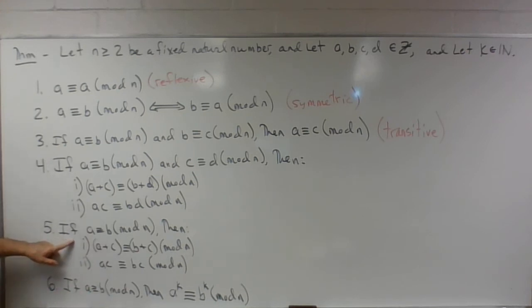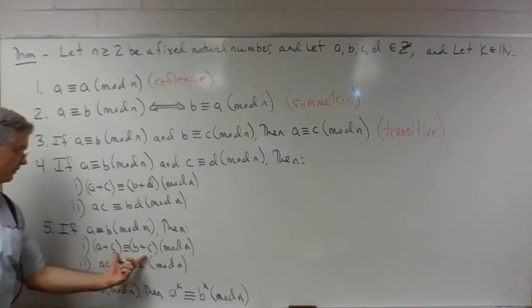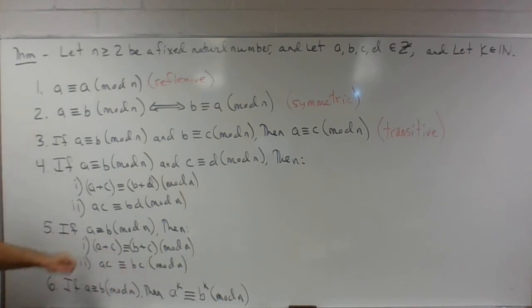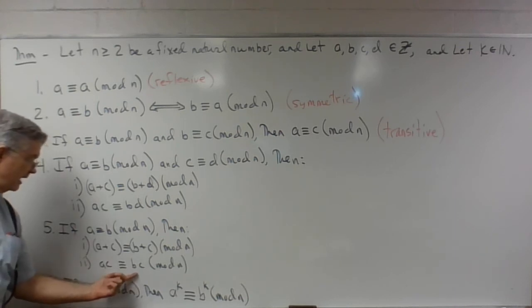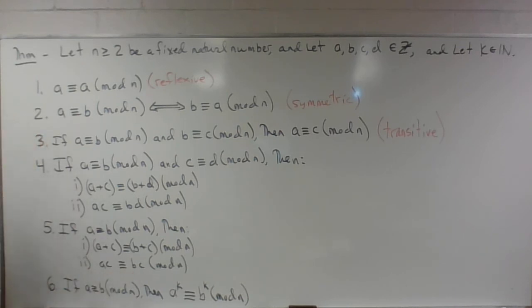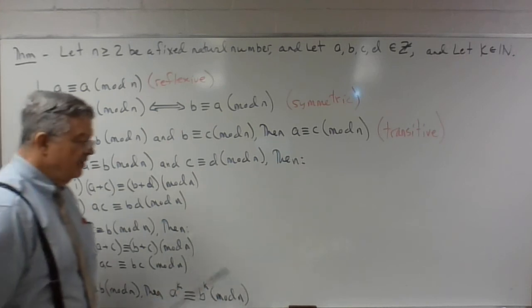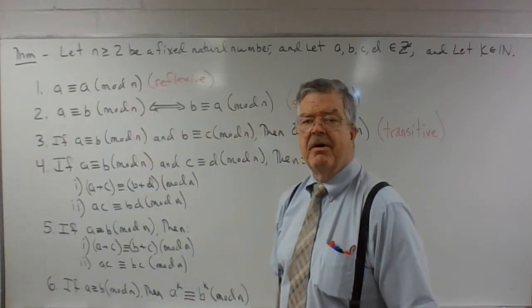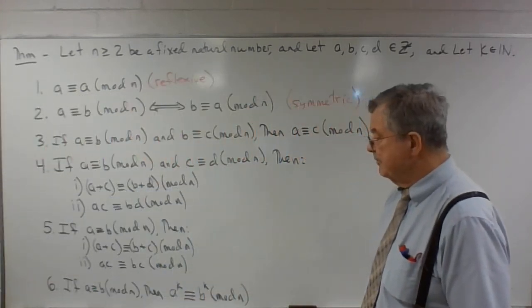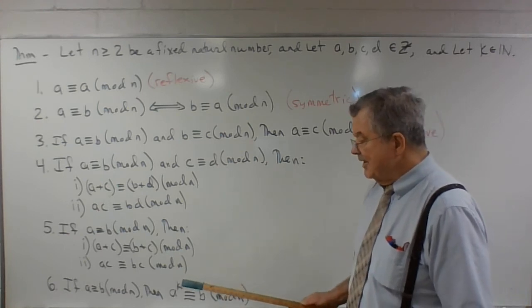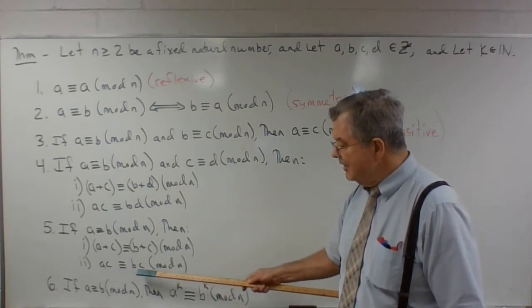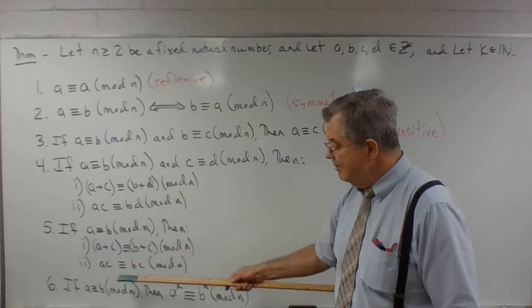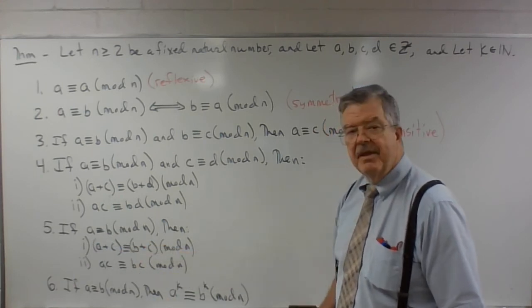5 is just a special case of 4 where c and d are equal. If a is congruent to b, then we can add the same number to both sides. If a is congruent to b, we can multiply both sides by the same number. And watch out, remember in our first part of lecture number 4, we can multiply both sides of a congruence by the same integer.